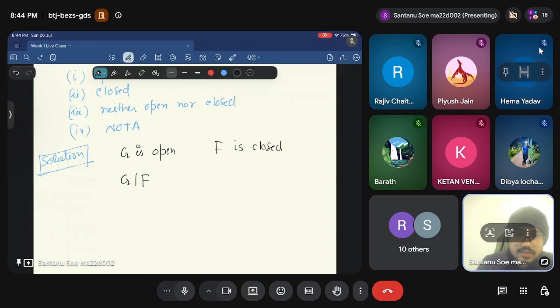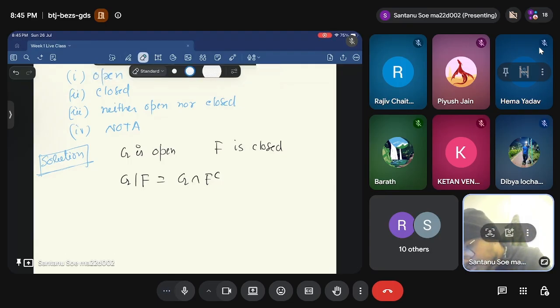You are subtracting the set F from G. Now in set theory there is no such thing as subtracting a set, right? It's like eliminating the elements of F from G. So this is actually the same as G intersection F complement, where F complement means R minus F. Let's better understand it as F complement.